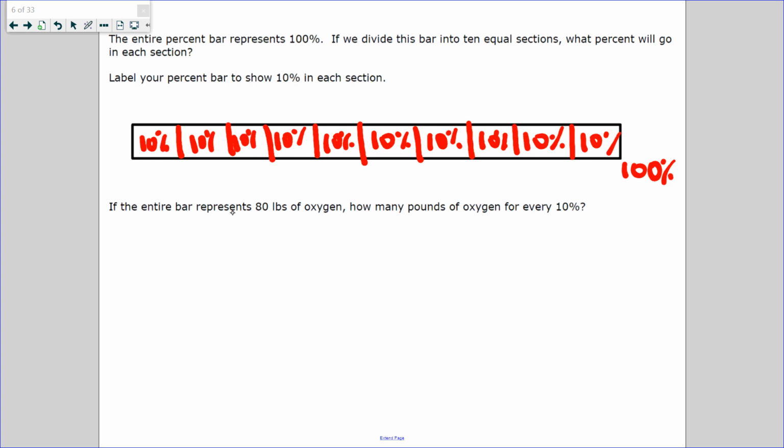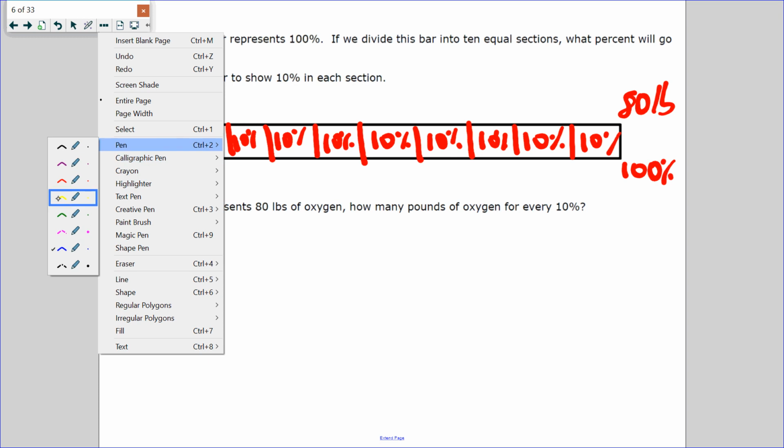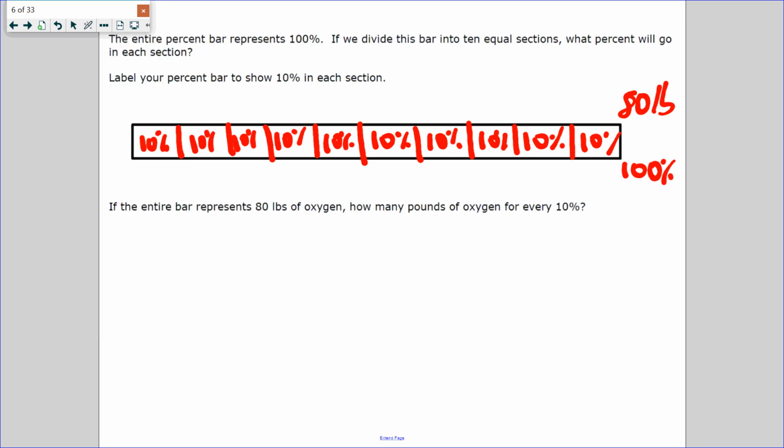If the entire bar represents 80 pounds, I'm going to use a different marker now to show you this. I'll use green. So the entire thing represents 80 pounds. How many pounds of oxygen for every 10%? If I have 80 pounds of oxygen, can I break it down into the 10 sections? How much oxygen will go in each one? 80 divided by 10 is 8 pounds.